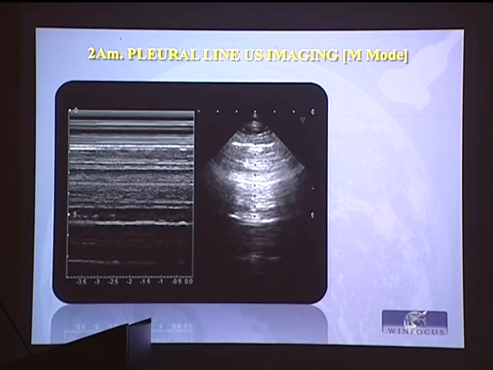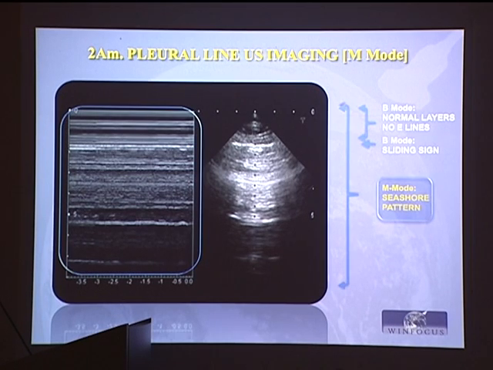How does it appear in M mode? You remember before Dr. Cheng showed you, this is the seashore pattern. This is straight, so skin and subcutaneous tissue are straight along time in the M mode modality, and whatever is below the pleural line is granular, sandy-like. That's why we call it a seashore sign.